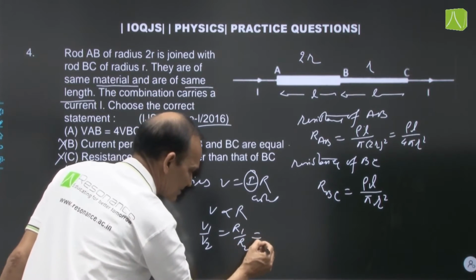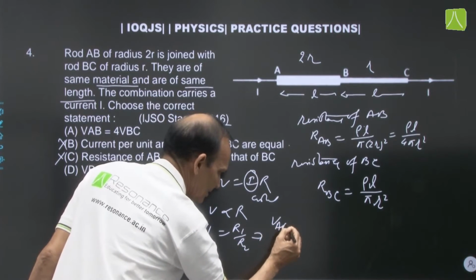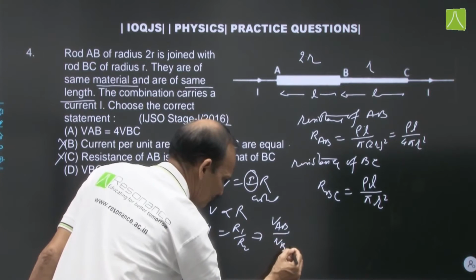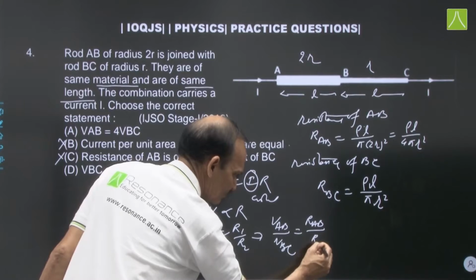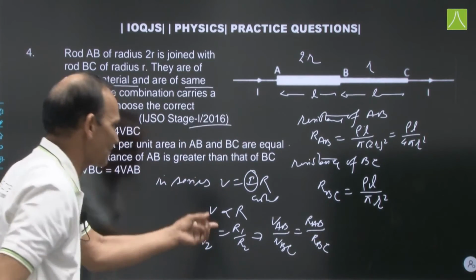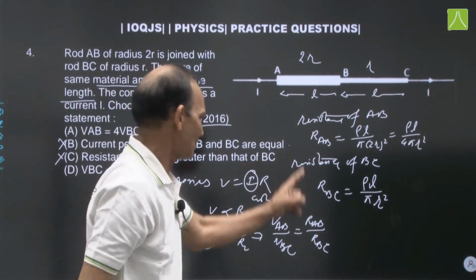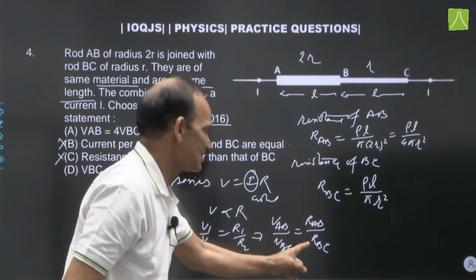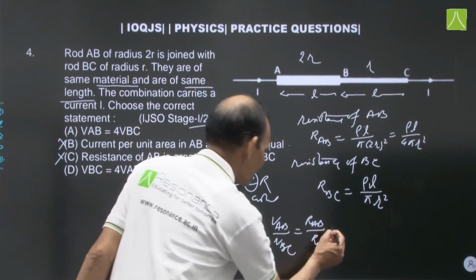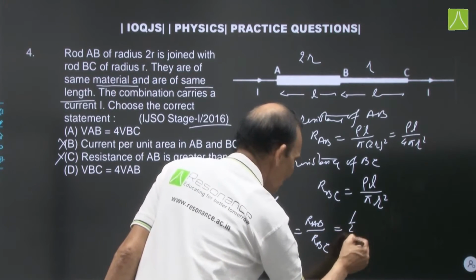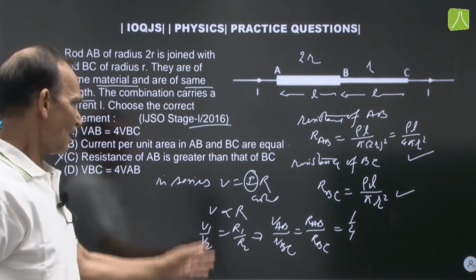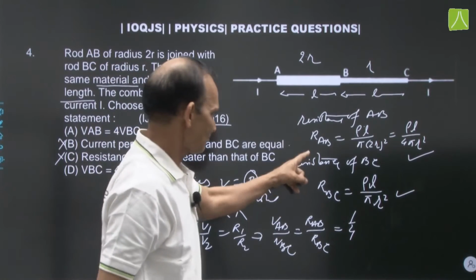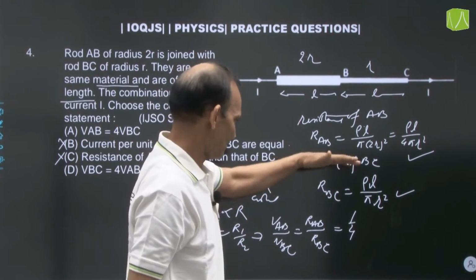We can write V AB divided by V BC is equal to R AB divided by R BC, and from here the value of R AB upon R BC will be 1 upon 4.